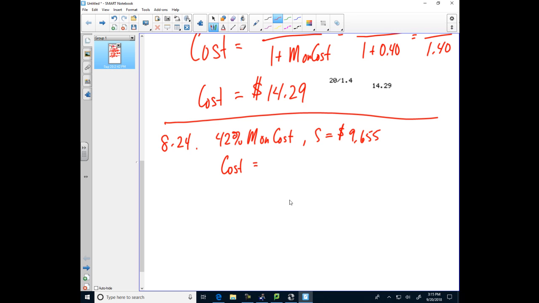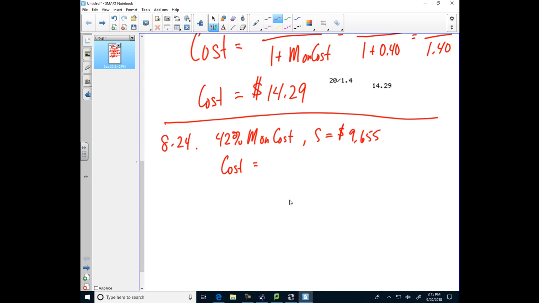By the way, there is a little distinction here. We really haven't run into it yet, but as you look at this, the interactive chapter organizer, notice your markup can be based or expressed in dollars or as a percent. Everything we've looked at so far has been a percent. Okay?